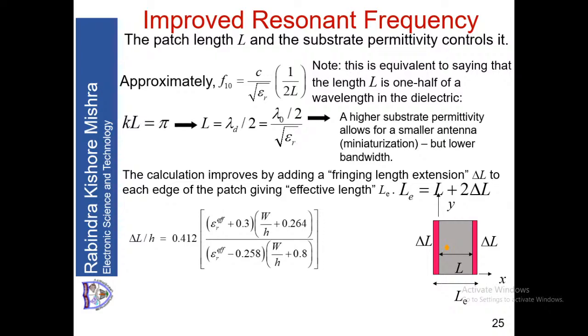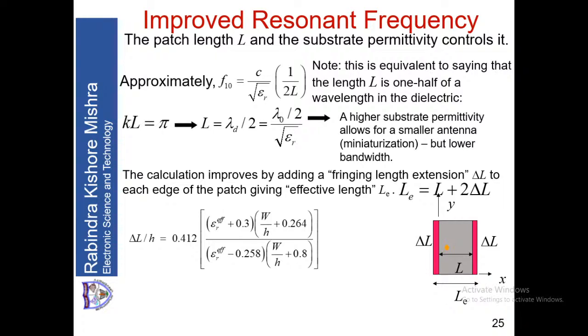The effective dielectric constant: when you are using a microstrip circuit, the electric field is within the patch and the ground plane, but as you come to the edge, it is extending beyond the patch. So it sees two dielectrics. Because of the curvy nature of the electric field, it sees two dielectrics.